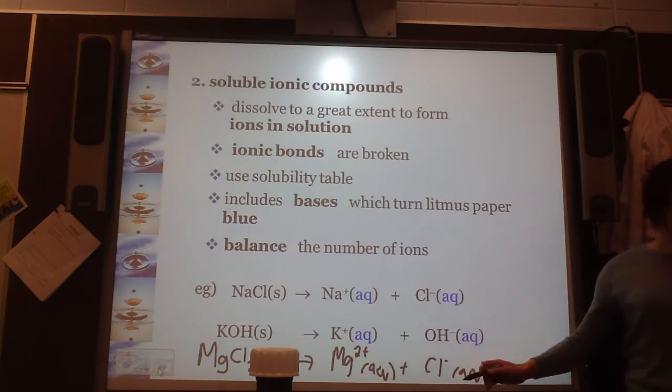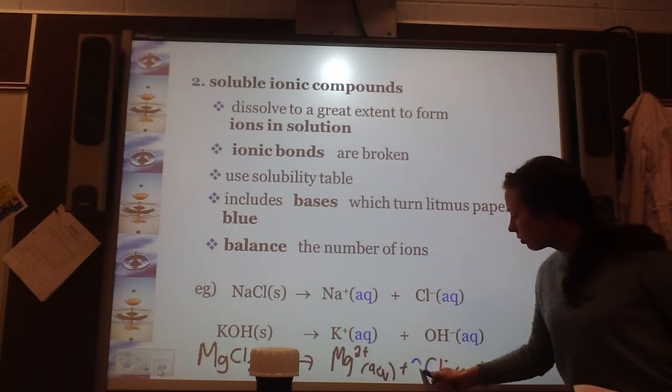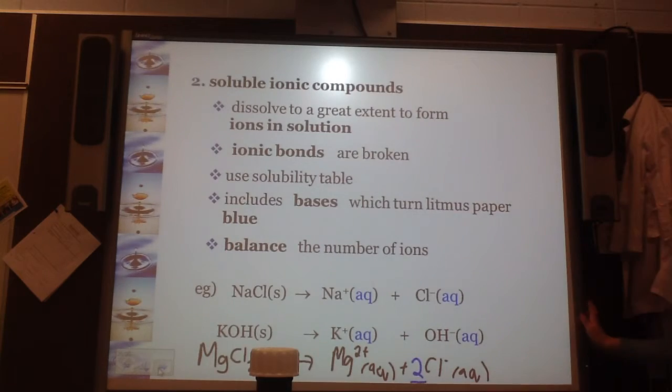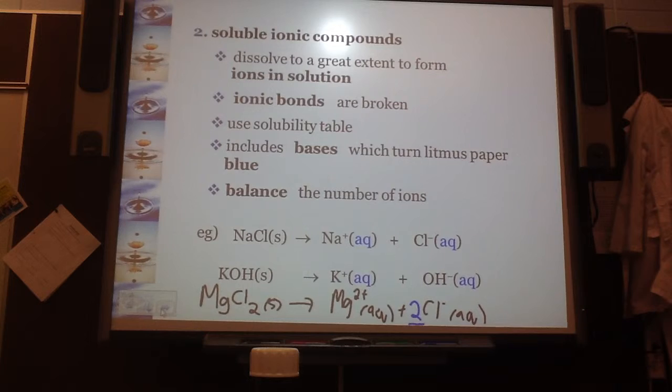But it's not balanced. All you do is put a 2 in front of the Cl. That's what it means to balance the number of ions, if the front and the back, the reactants and products, are different. Use real words.